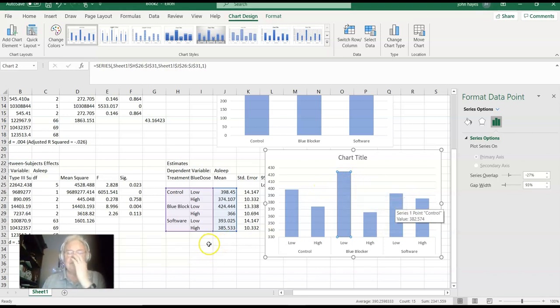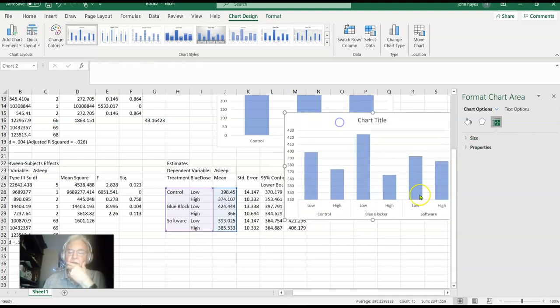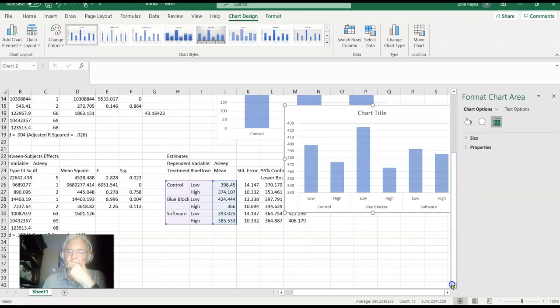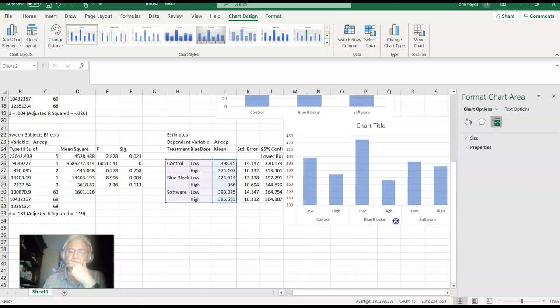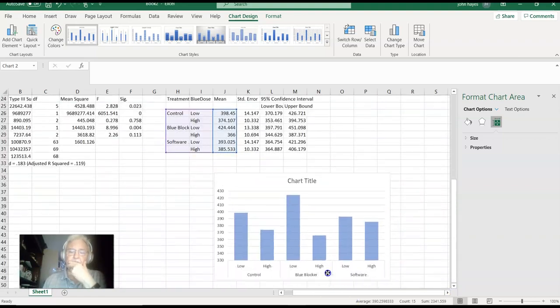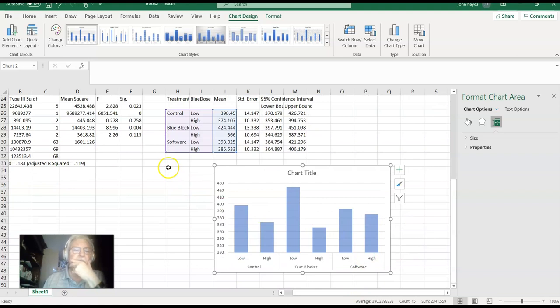All right. Let's do our error bars. I should have put these guys somewhere else. I'm just making this harder for myself. Let's move these down here. Okay, here's our mean square.